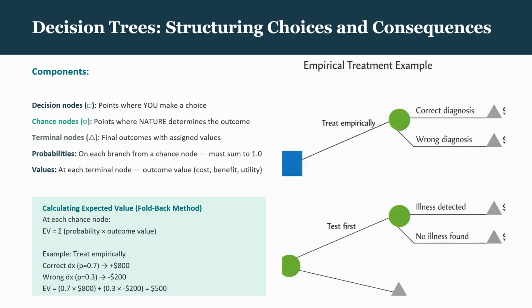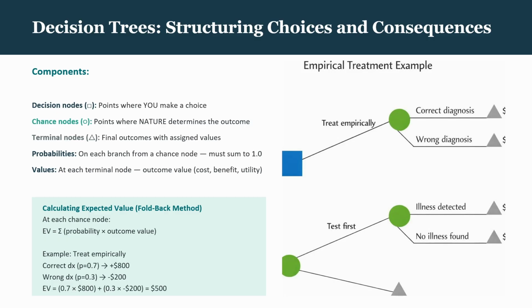The foldback method calculates expected value by working from right to left through the tree. At each chance node, the expected value is the sum of each branch's probability multiplied by its outcome value. At each decision node, you choose the branch with the best expected value. The result is the optimal decision given the probabilities and values you've assigned.